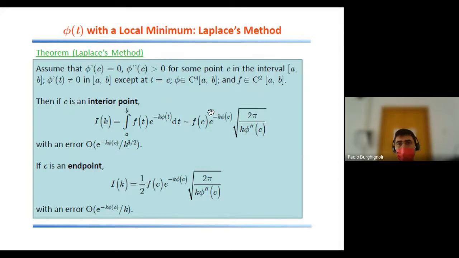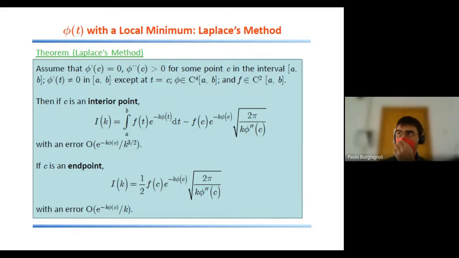And furthermore, the asymptotic error that you commit is of the order e to the minus k times phi of c divided by k to the 3/2.